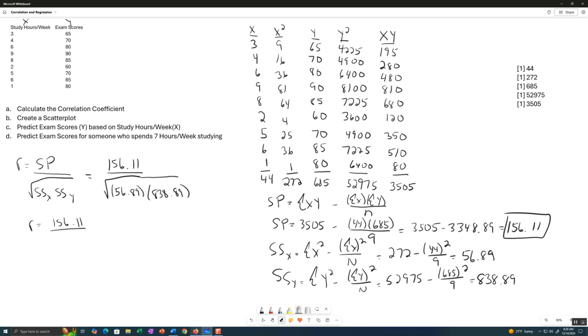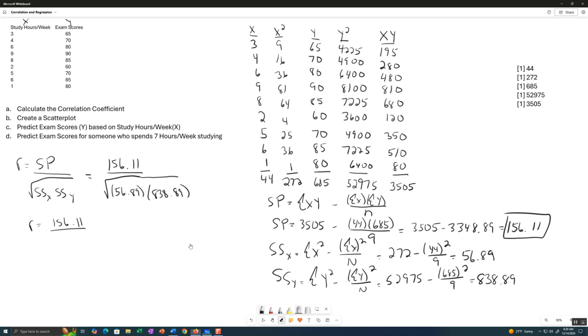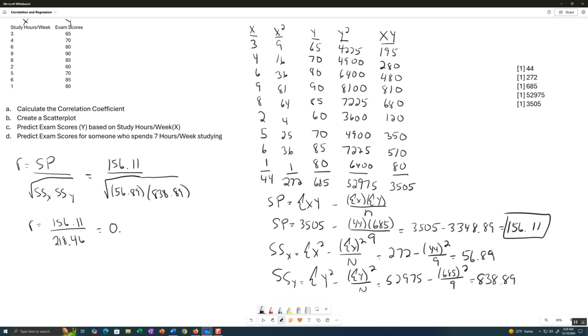So when I solve the whole bottom here, I get 218.46. And when I solve this, I get 156.11 divided by that, I get 0.71 as my correlation.